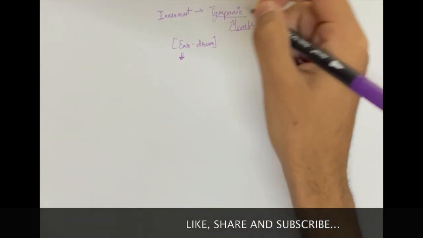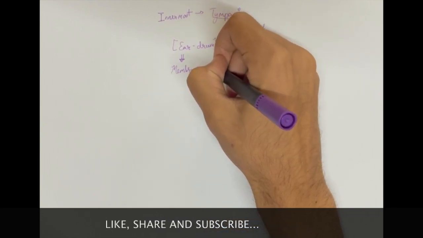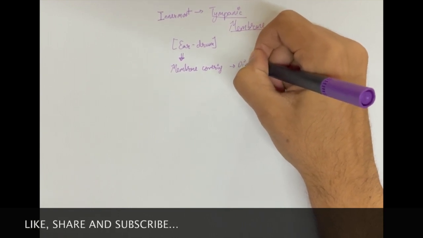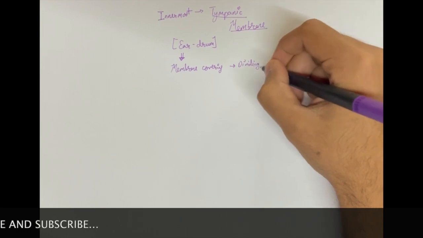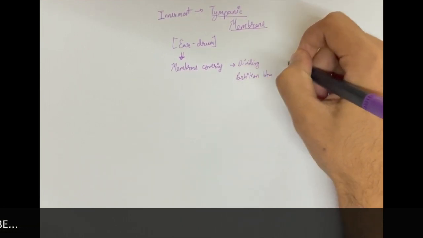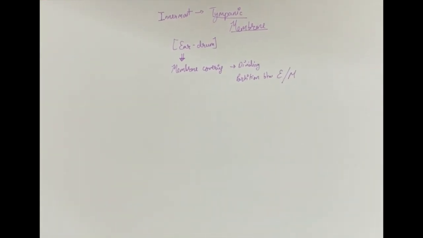So the tympanic membrane is essentially a membrane which forms a partition between the external ear and the middle ear.